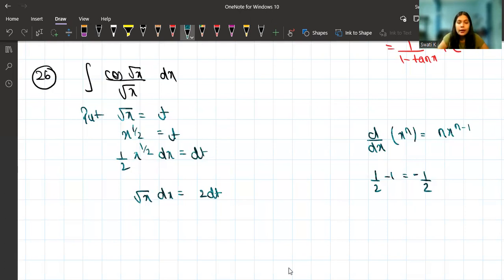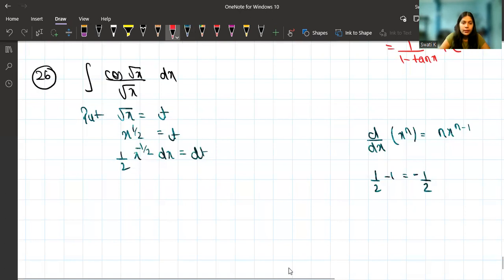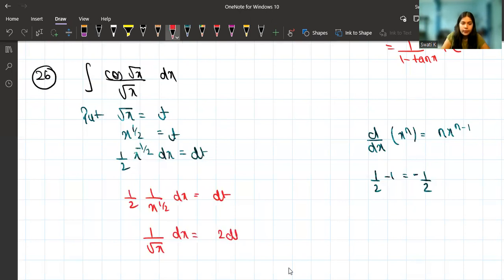Anyway, so it is minus 1 upon 2, right? So this is minus 1 upon 2. That means I can rewrite this as 1 upon 2 as it is. This is x raised to minus half. That means 1 upon x raised to half using the property of exponent. And this will become 1 upon root x dx equals 2 dt.